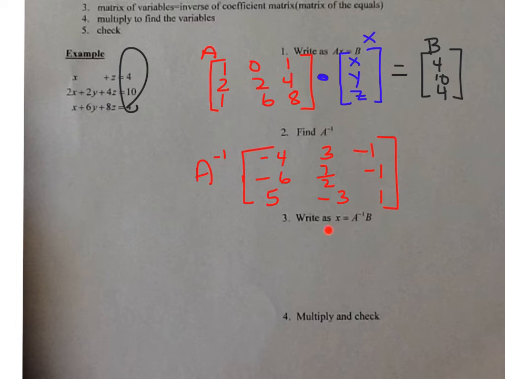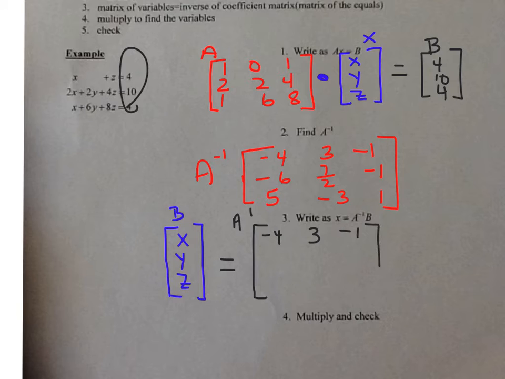The next thing we want to do is write the variables X, Y, Z equals the inverse of matrix A. So this is your inverse here: -4, 3, -1, -6, 7/2, -1, 5, -3, 1, times your B. Your B was what your system equals, which is 4, 10, and 4.